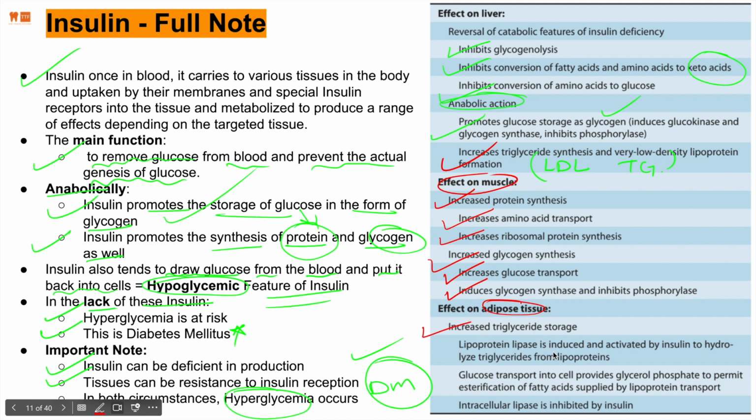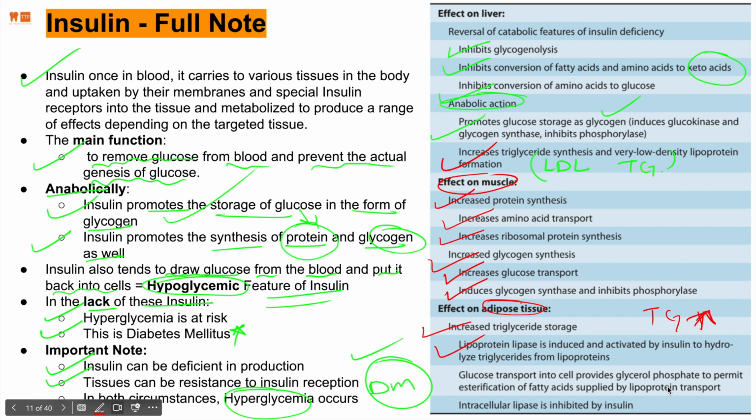Lipoprotein lipase is induced and activated by insulin to hydrolyze triglycerides from lipoprotein. So triglycerides go up. Glucose transport into cell provides glycerol phosphate to permit esterification of fatty acids supplied by lipoprotein transport.